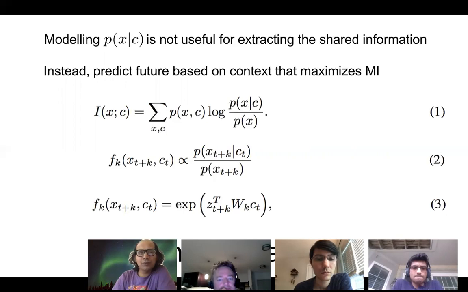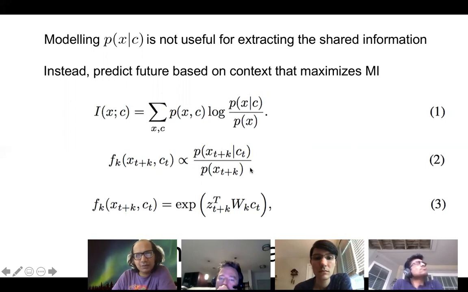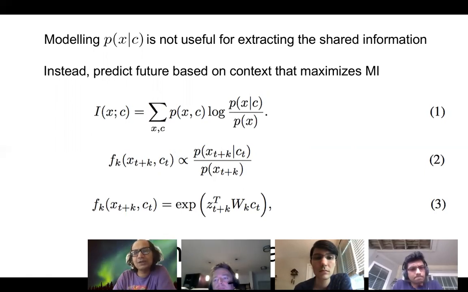And there will be only one positive sample and the others will be negative samples, right? That's true. So p(x_{t+k}) means the proposal distribution, including positive samples and negative samples. And the conditional one means the positive sample given the context, that is, the sample which is related to this context.